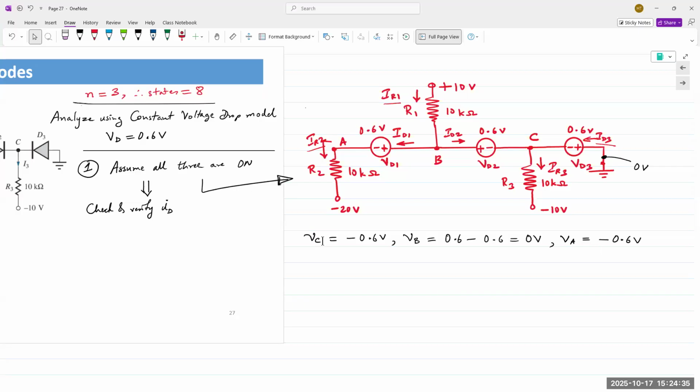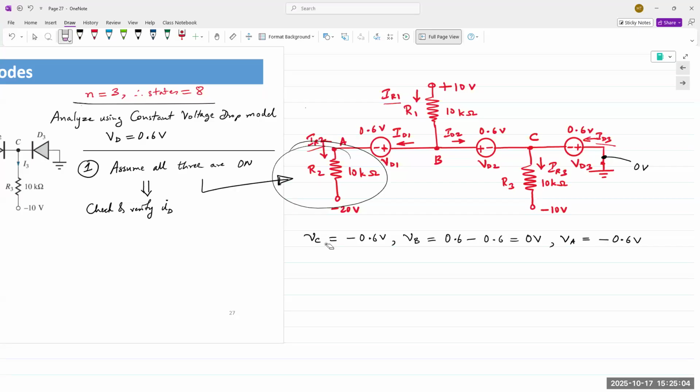Now apply the node voltages to the circuit and calculate the currents. Okay, let's look at the three currents, ID1, ID2, ID3. If we have a resistor anywhere in the pathway, it makes our job easier. We can simply apply Ohm's law to those resistors and we can calculate the current. But there is no resistor in that pathway except for R2 here.